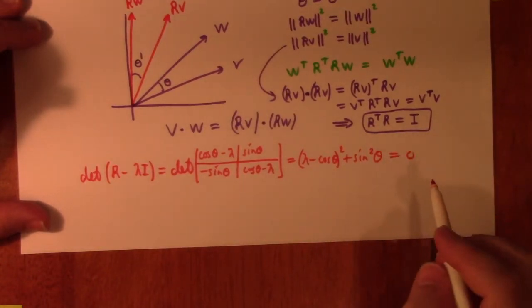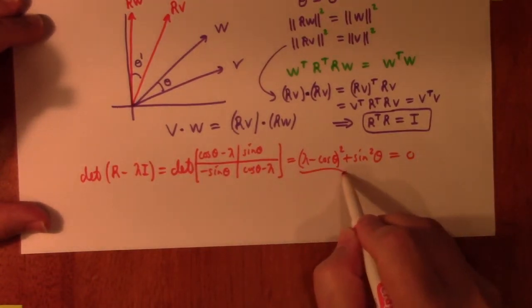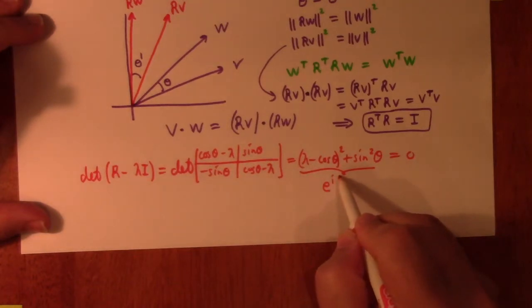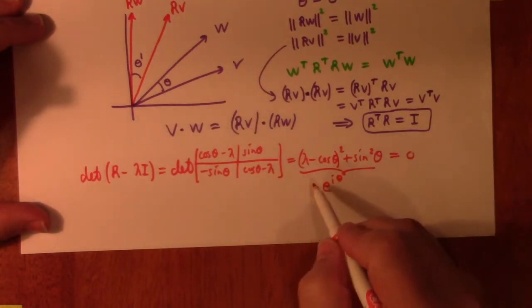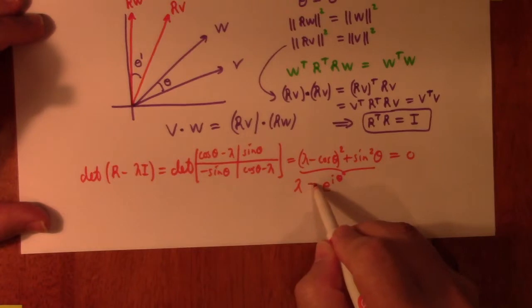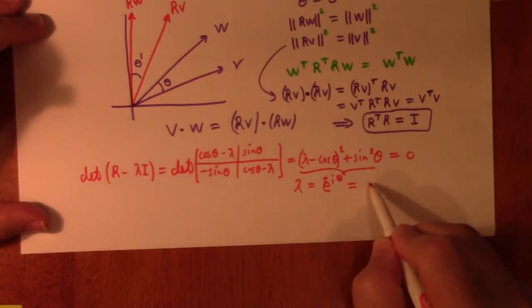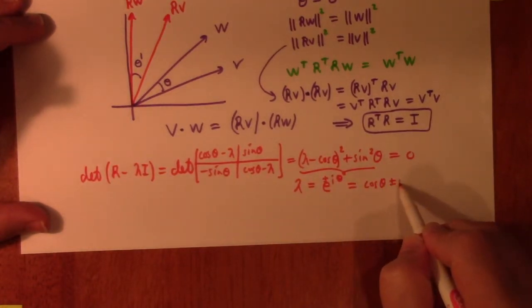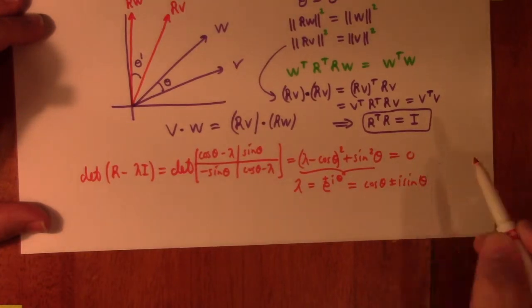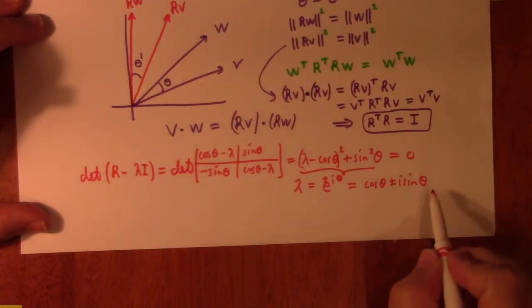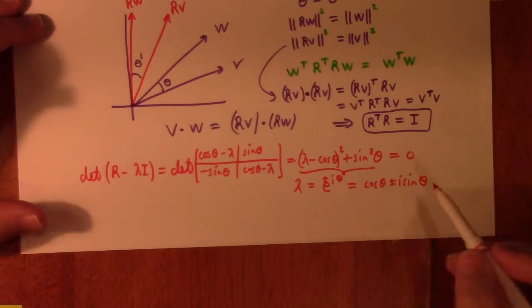Set that equal to 0. For those of you who know, this is exactly e to the i theta. The solution then is lambda equals e to the plus or minus i theta, which is otherwise known as cosine theta plus or minus i sine theta. Unless theta is 0 or pi, this is complex.